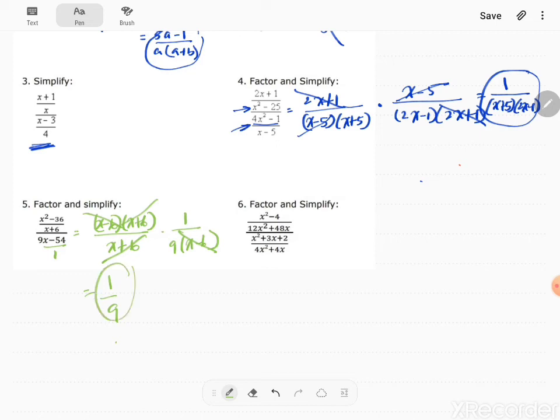So 1/9 is the answer for this. Okay, it's pretty simple. Now the last one.